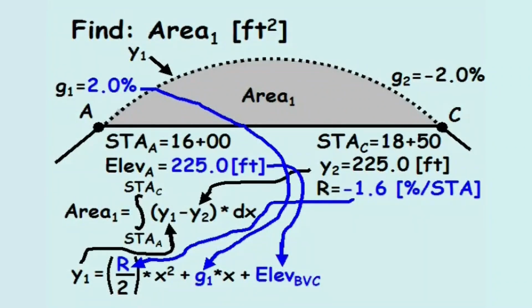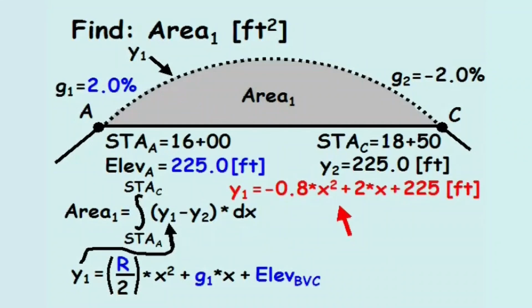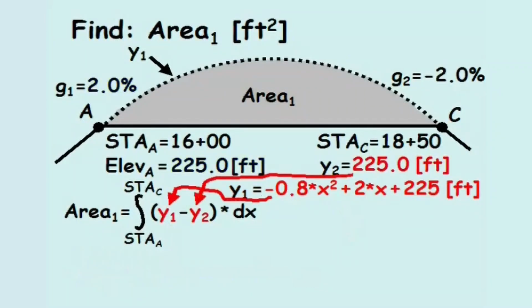After making these substitutions, the equation for curve AC is y1 equals negative 0.8 times x squared plus 2 times x plus 225 feet.